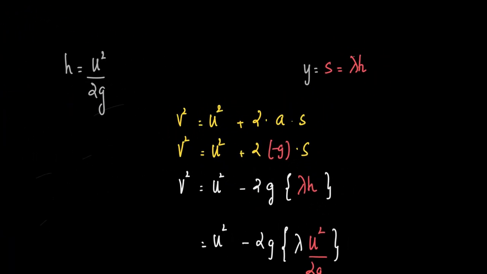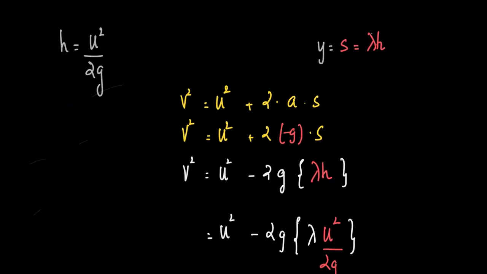Now we have already derived that the maximum height h is equal to u square by 2g, and that the vertical displacement s is assumed here to be lambda times h.